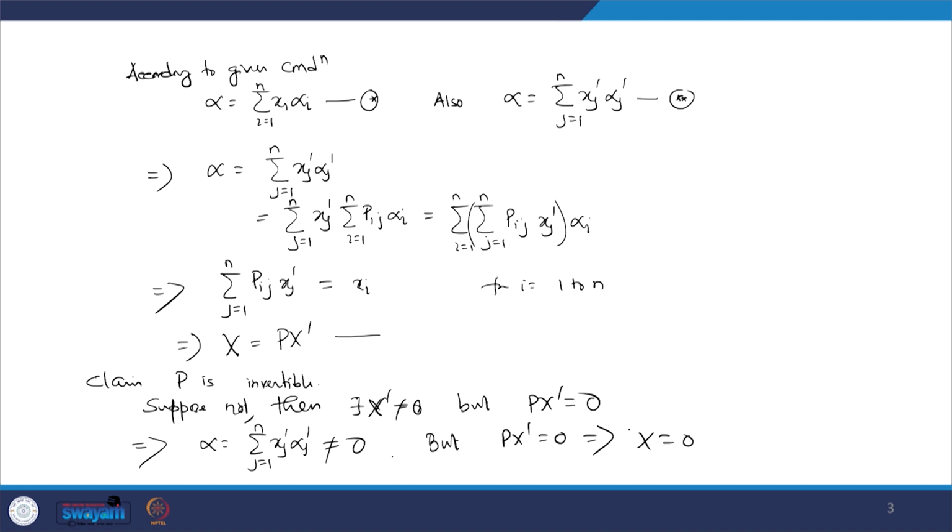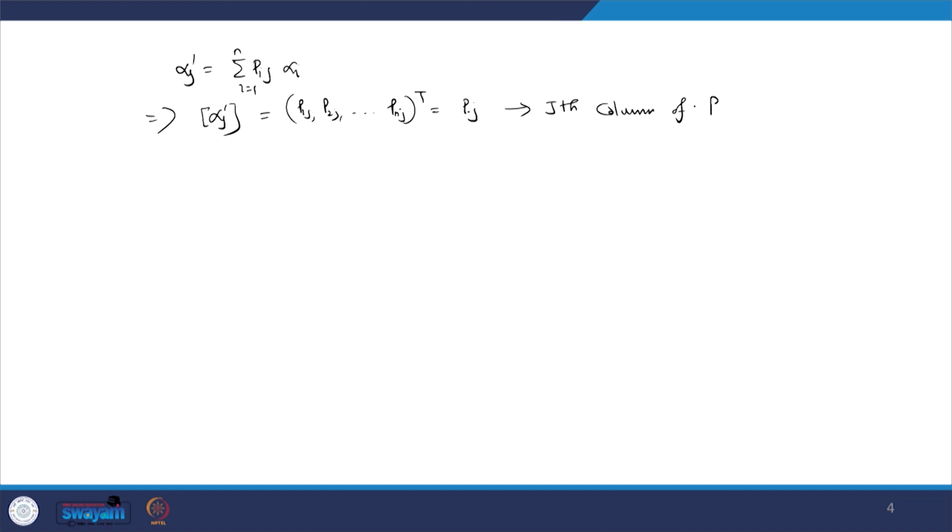So, x equal to 0 implies your alpha, which is equal to sigma x_i alpha_i, i equal to 1 to n, must be equal to 0. So, on one hand I am getting non-zero, on the other I am getting 0. So, this is not possible. So, that P is not invertible is not possible. So, P is invertible.